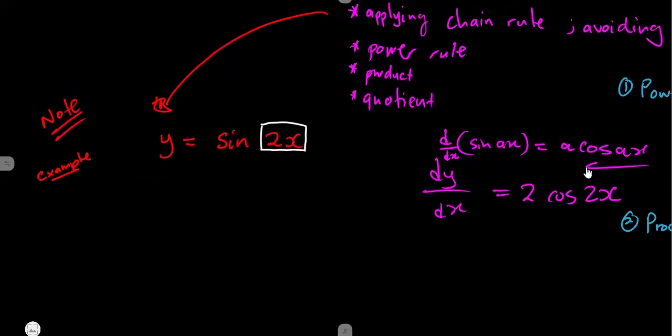So to avoid the substitution, we take 2x, the same 2x that we're supposed to use as our u. We take it as a term on its own, or as a function on its own. So you're going to ask yourself, what is the derivative of y with respect to the function, the one that you're supposed to use as your u?